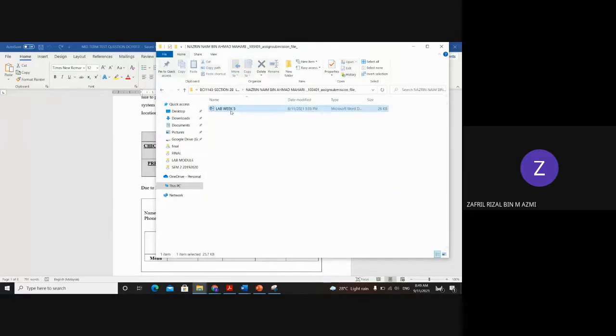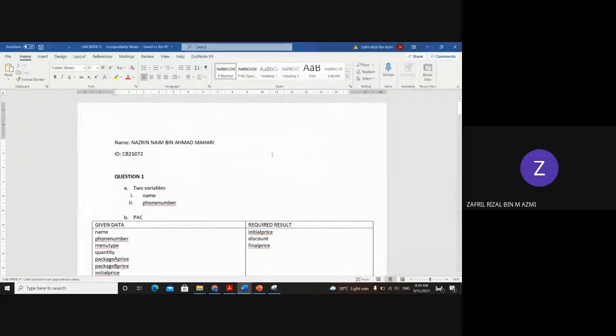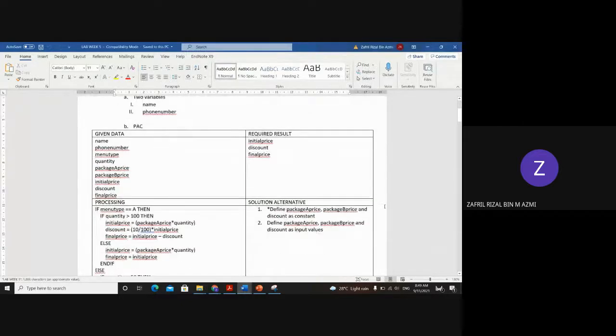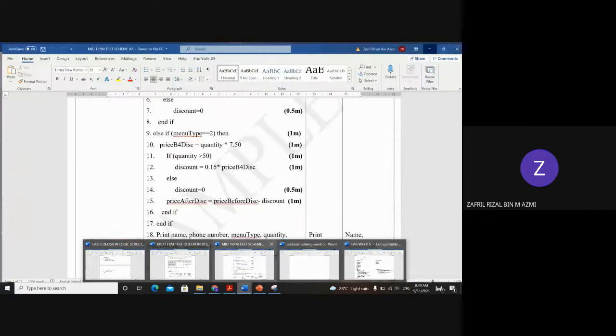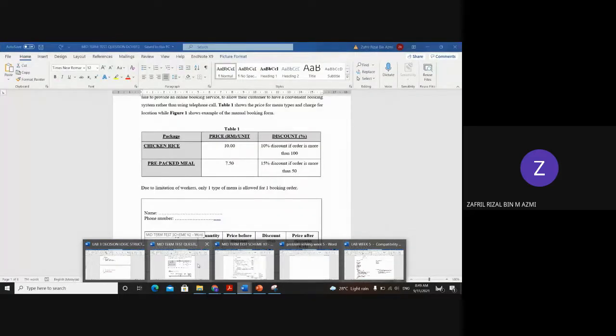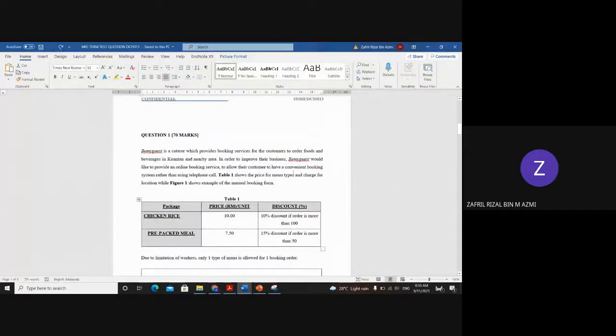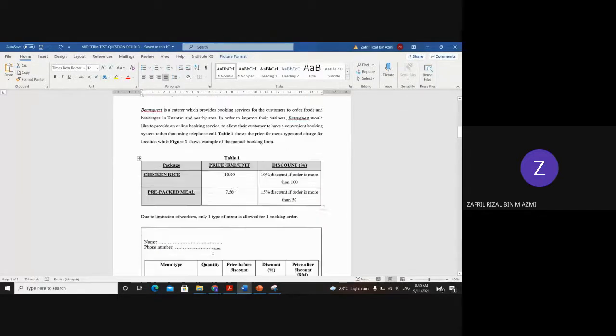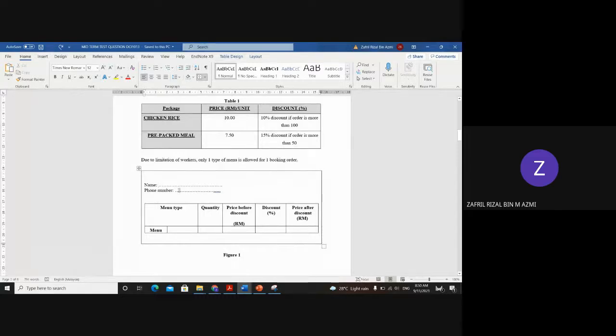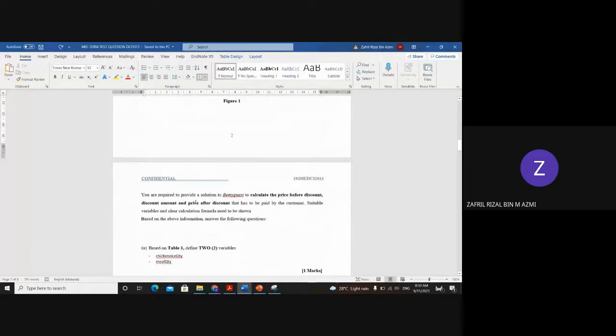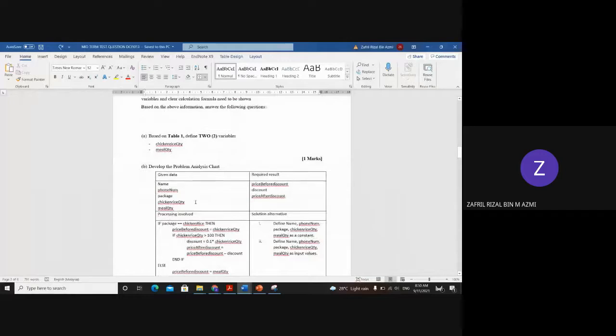Nazrin. Okay, name, phone number. Of course this is correct. Why do we need this as input? Because the question gives this table, so you need to follow it. If the manual has name and phone number, supposedly in the system the user also needs to enter name and phone number.